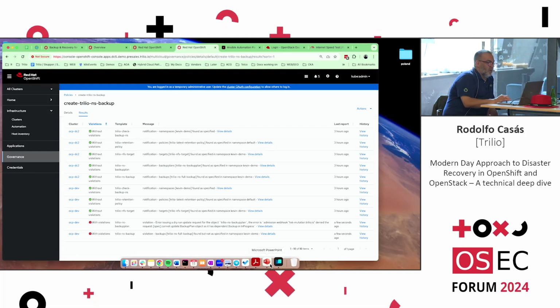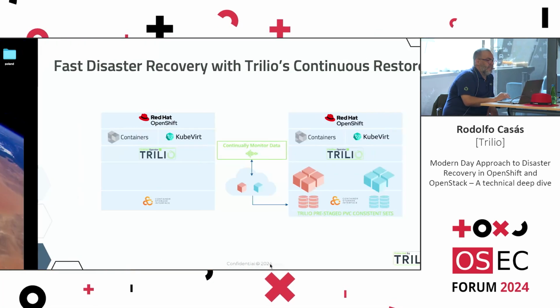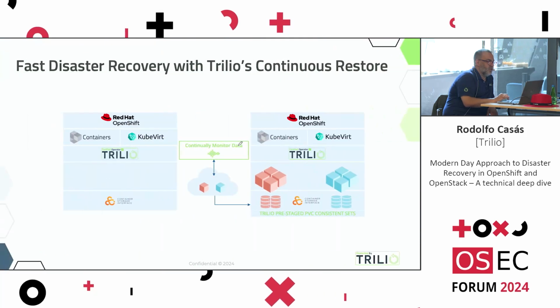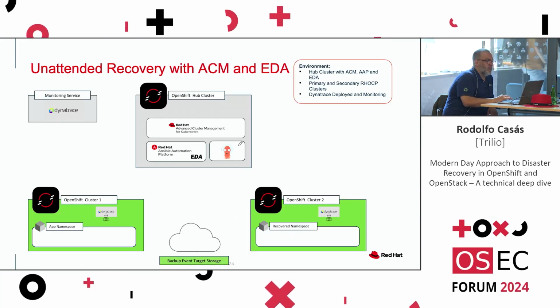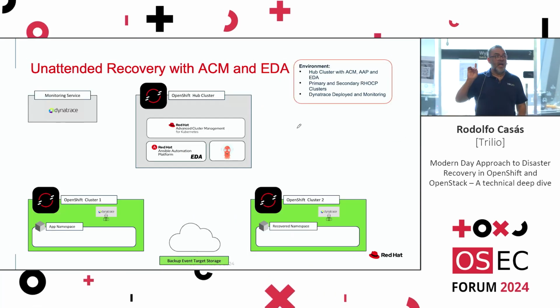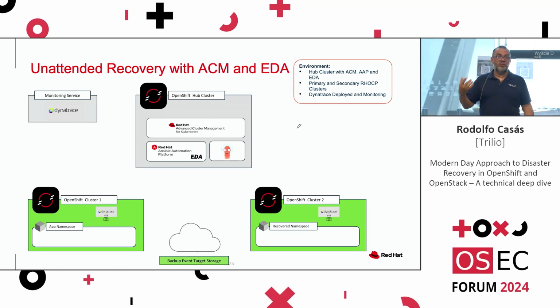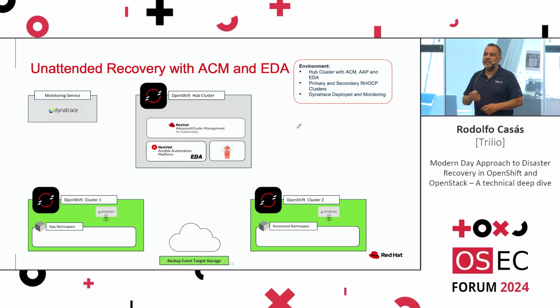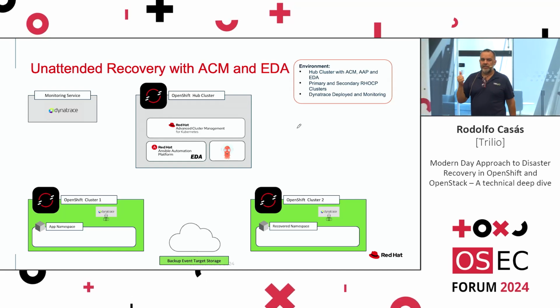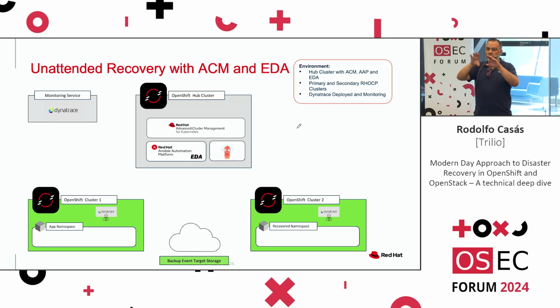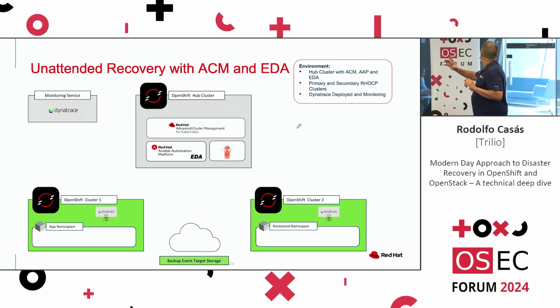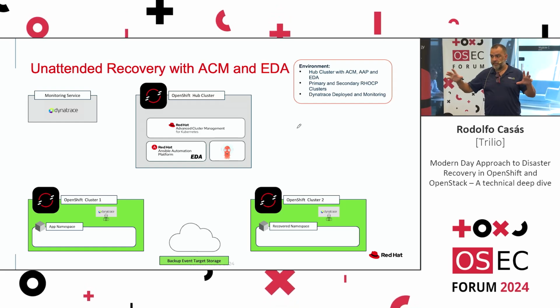Now that you know about our integration with ACM, I can tell you about this. This is now the state of the art with Trilio and Red Hat. What do we see here? We see an ACM cluster managing 2 clusters, the primary and the secondary, okay?